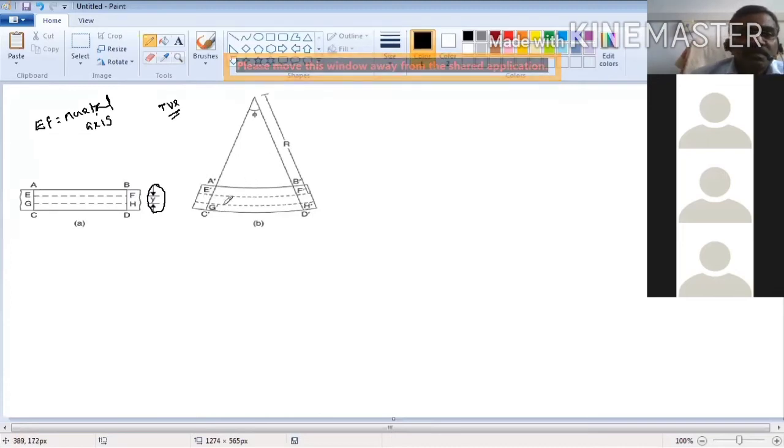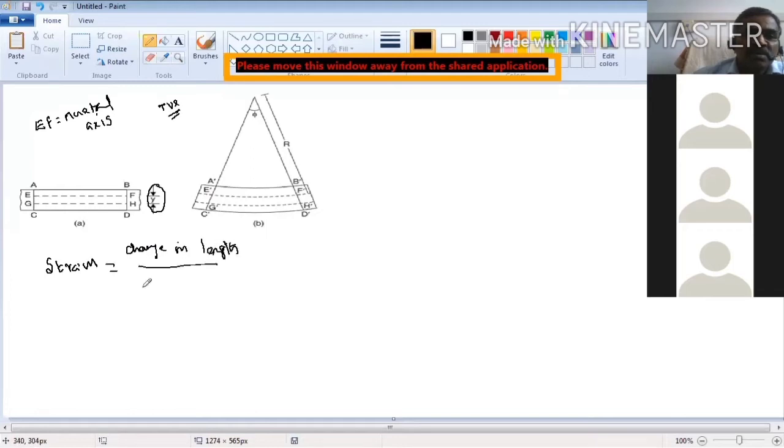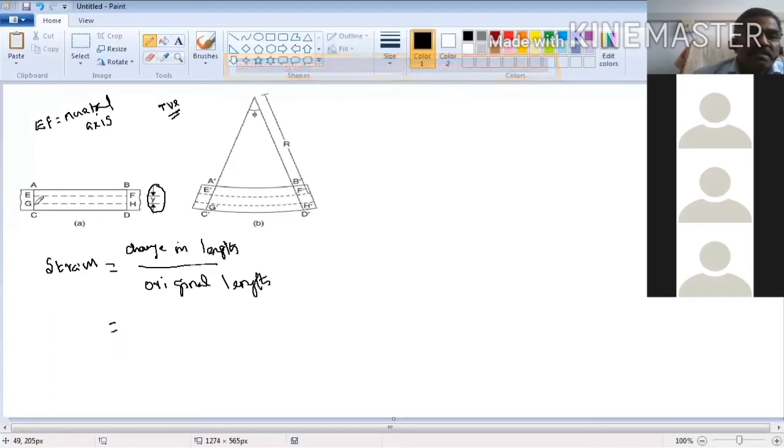Now I am going to write the equation for strain. What is strain? Change in length by original length. GH is an axis, and this is the original length.